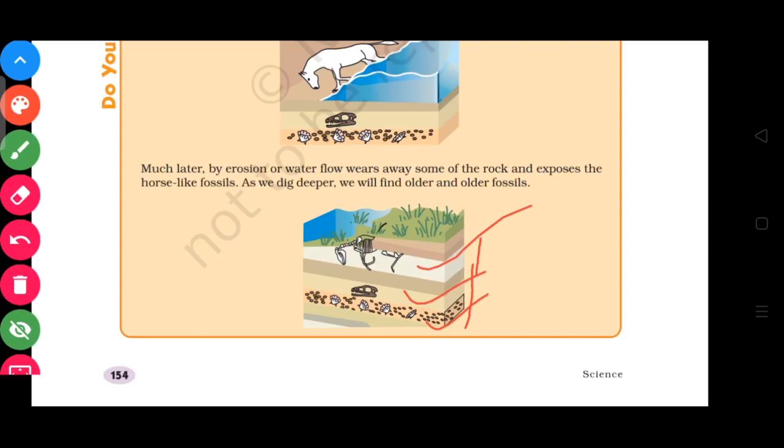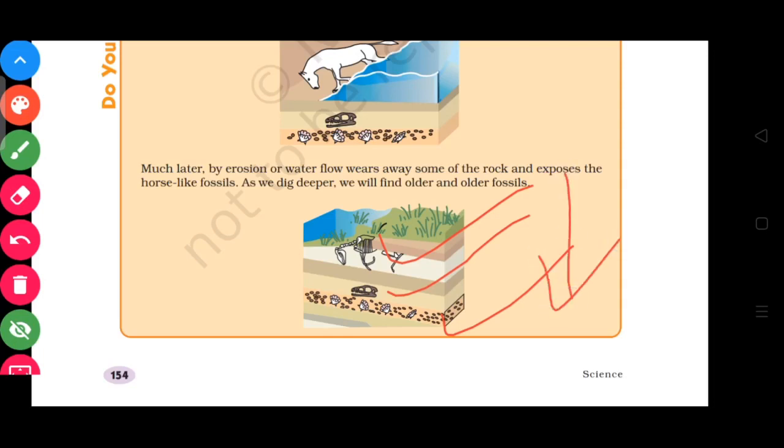So if someone digs, they will first find the fossil of the horse, then secondly the fossil of the dinosaurs, then at last the fossils of the aquatic organisms. So the deeper they dig, the deeper the fossil is in the ground, the older the organism will be.